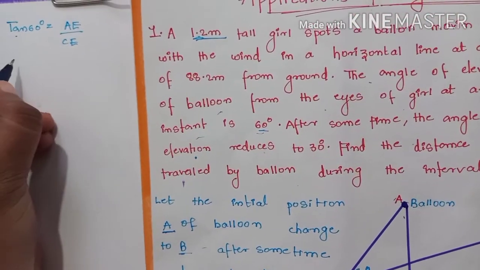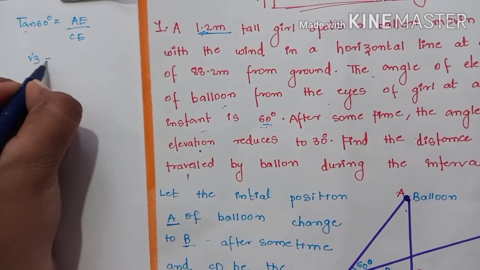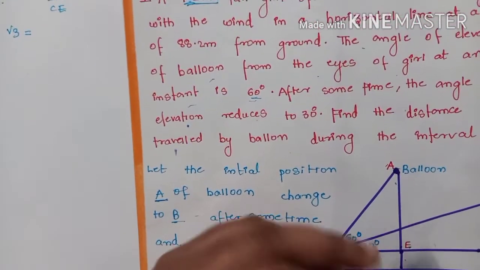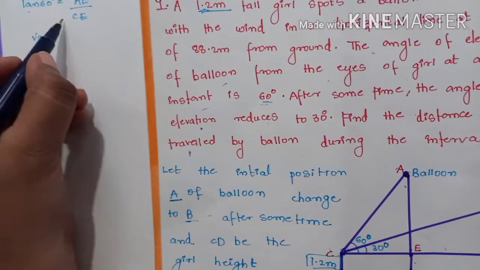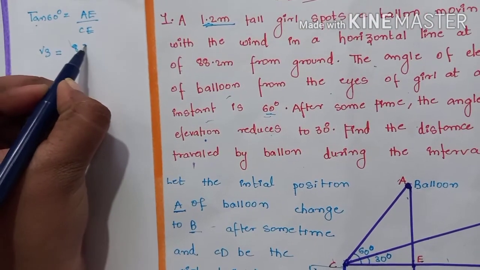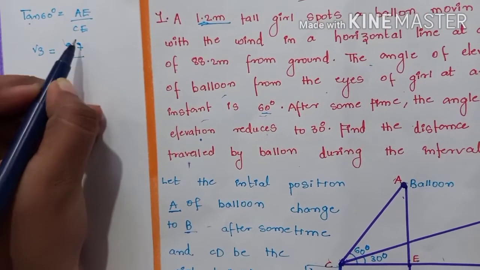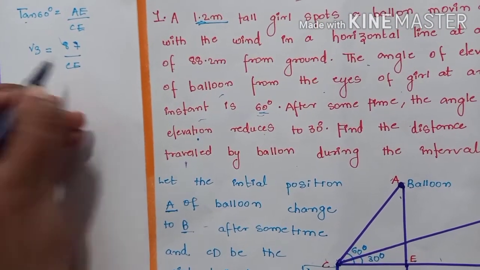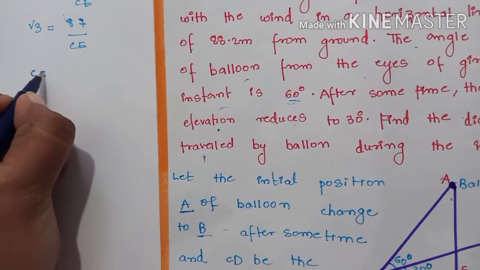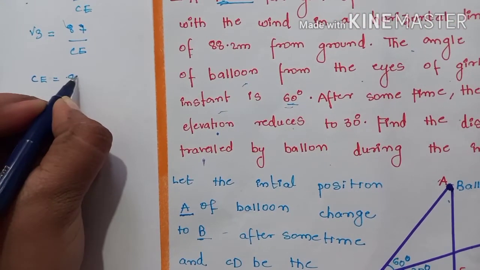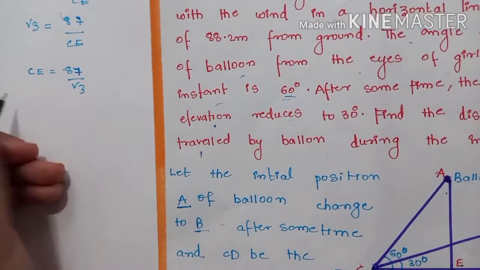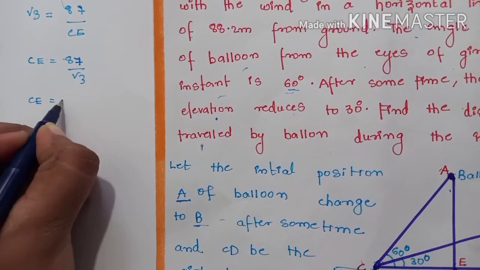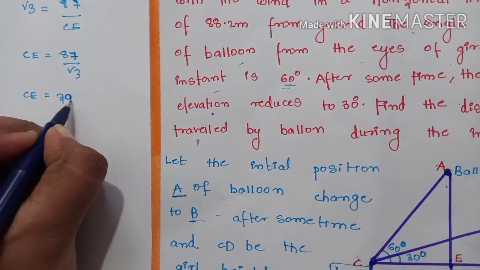From trigonometry we know tan 60 is root 3, and the AE value will be equal to this value, so AE is 87. Now CE is some x value. So root 3 equals 87 by CE, so CE is 87 by root 3. By solving this we get 29 root 3.